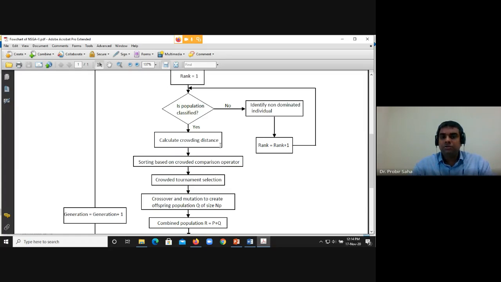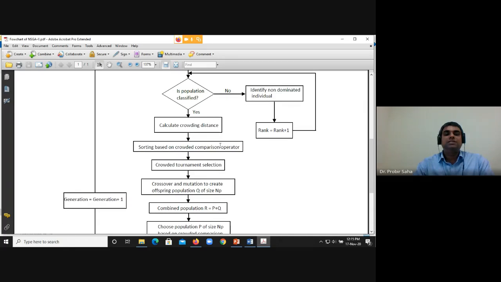The solutions should not be concentrated at a particular location. I should not choose 10 solutions from one single point; I should take only one and take other solutions from other positions. That is called diversity of the solution on a particular front, and it is maintained by the crowding distance.